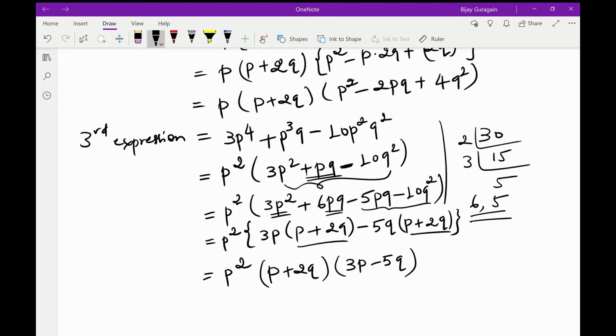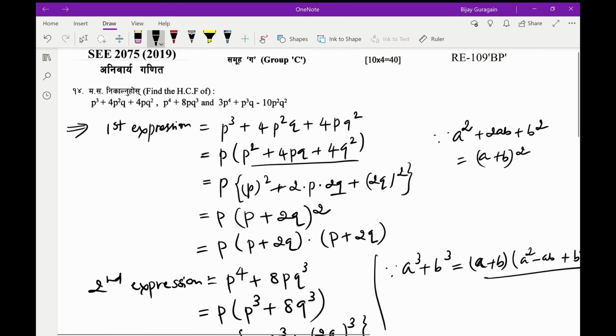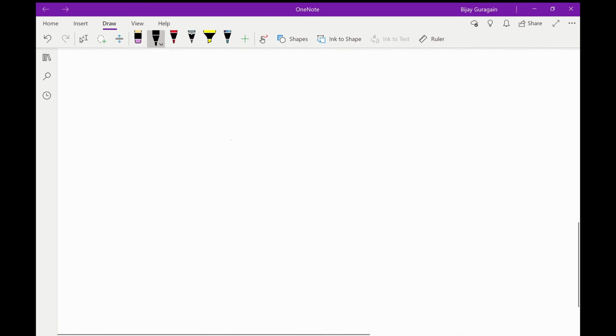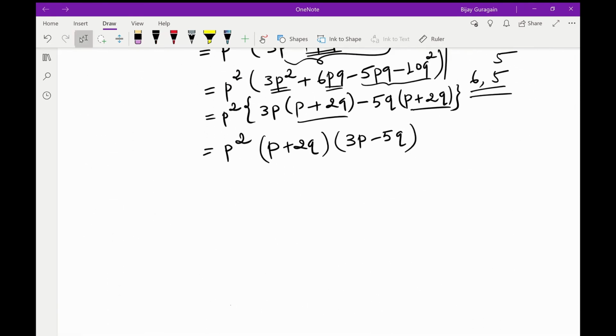So we have obtained all three expressions. Let us write them together.